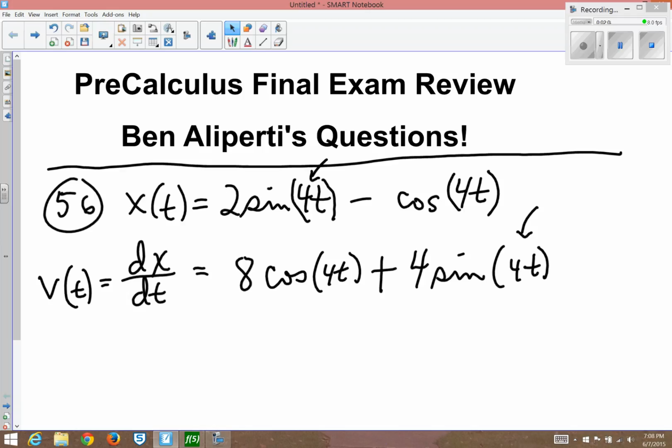The question says in the first 5 seconds, how many times is the velocity of the object equal to 0? This says the velocity of the object equal to 0.